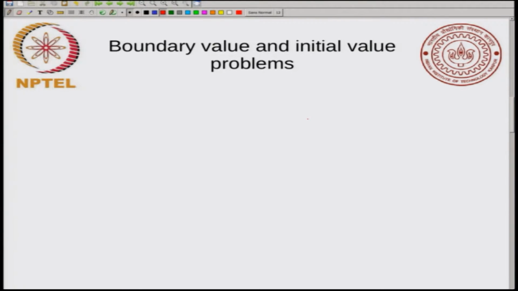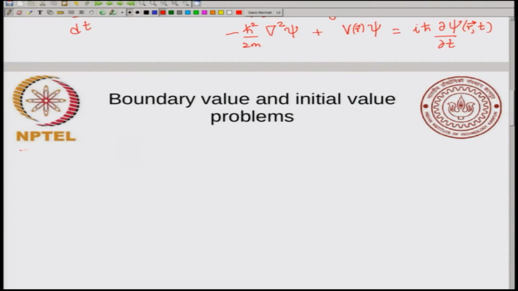There is what is known as a boundary value problem, where you might have something like, let us take the example of the Schrodinger equation. So, if you look at the time independent Schrodinger equation, so this is time independent. So, there is no time.